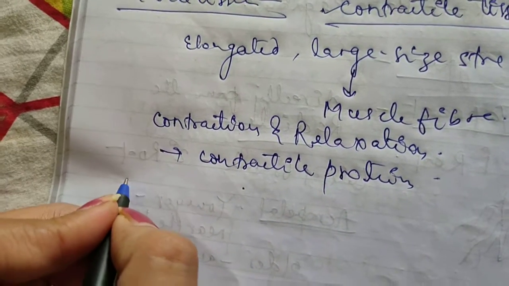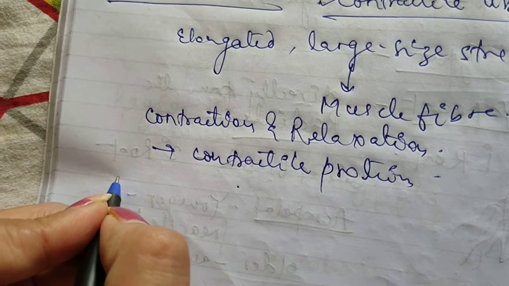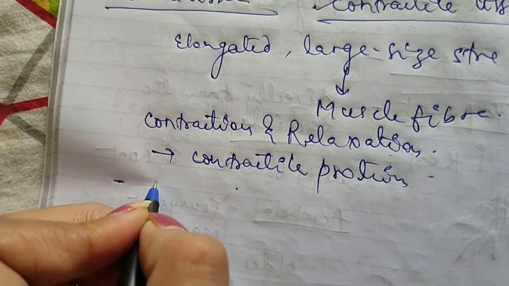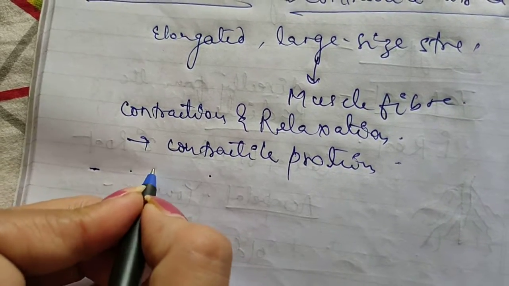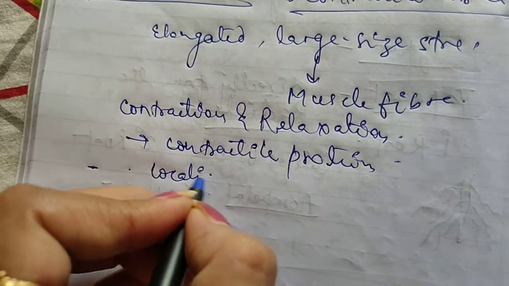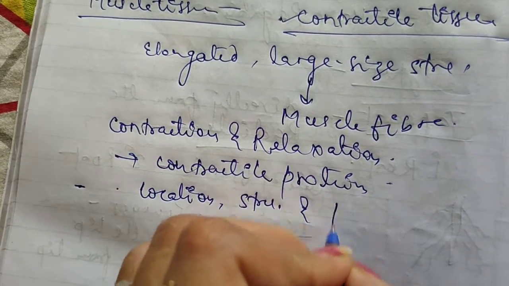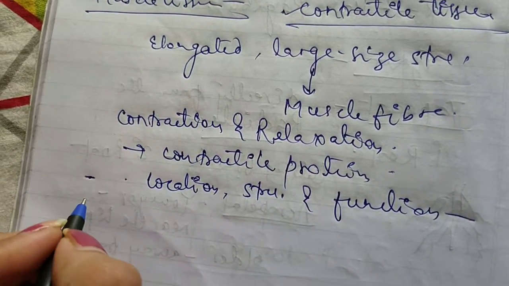And the movement of the internal organs such as heart and alimentary canal is also caused by the muscle tissue. So muscles, on the basis of their location, structure and function, are of the following three types.